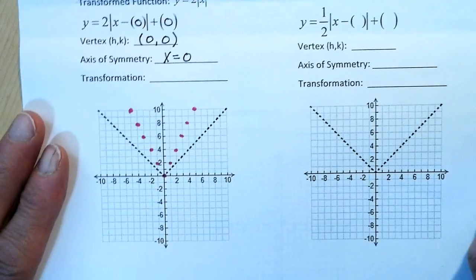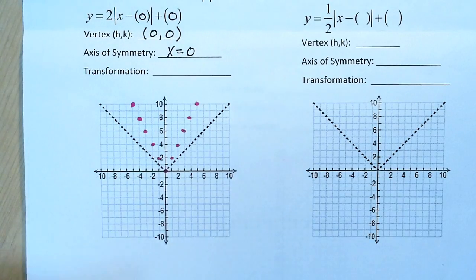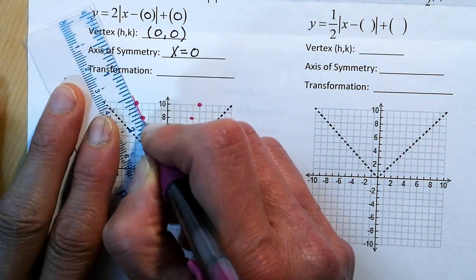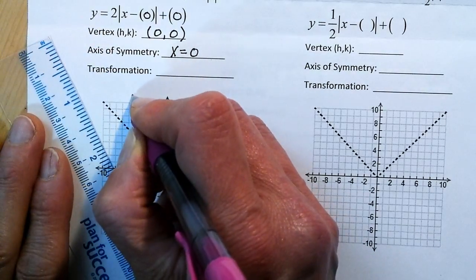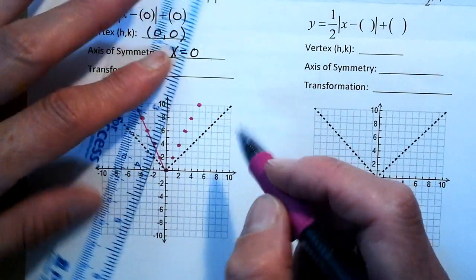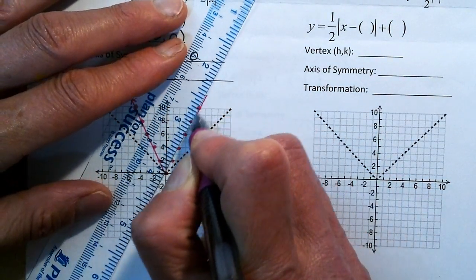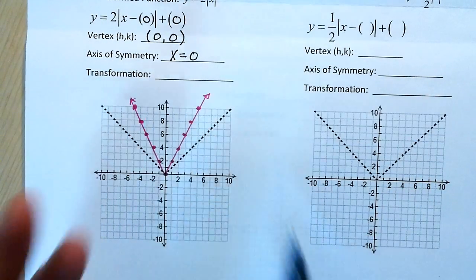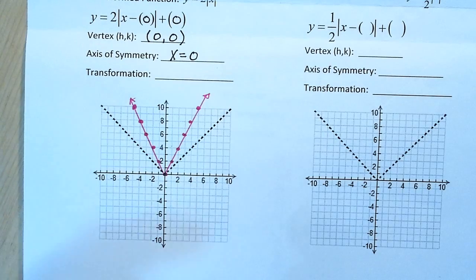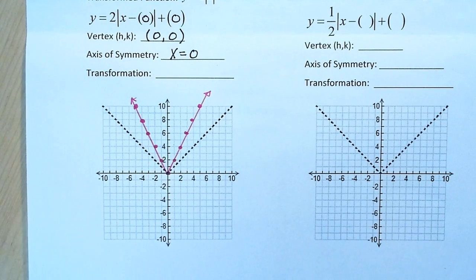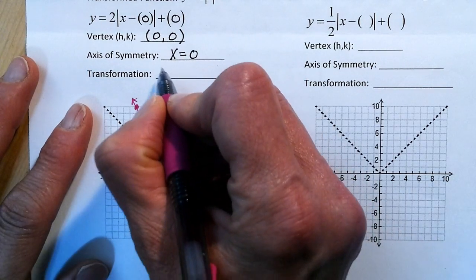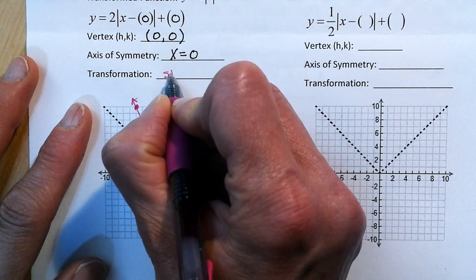Okay, so what happened to my function? When I compare that to my parent, it got skinny, didn't it? It got skinnier. If you take anything and you stretch it, it gets skinnier. So this one here is a stretch.